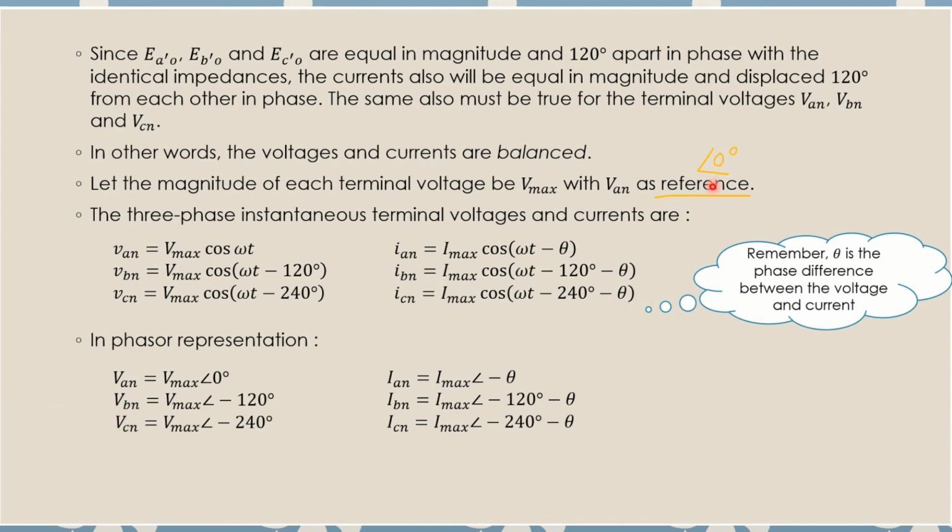VBN can also be the reference, and VCN can also be the reference if it is at 0 degrees. So it's not always VAN as the reference. It can be VCN if it's at 0 degrees. You have to note that. All this while I have shown you the voltage. This part is very important. This is VA.